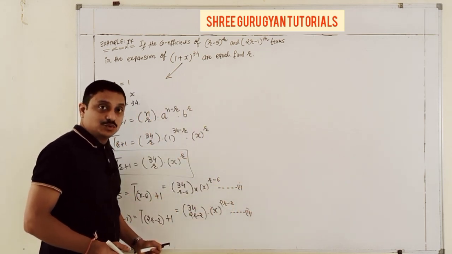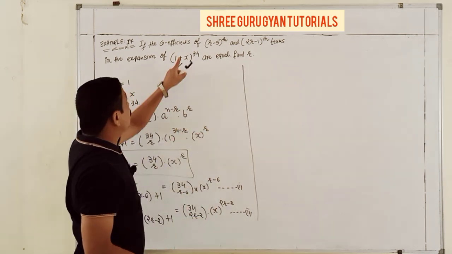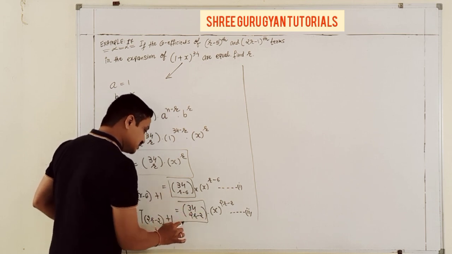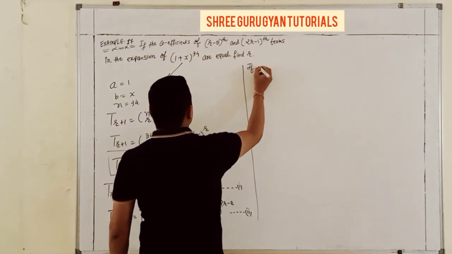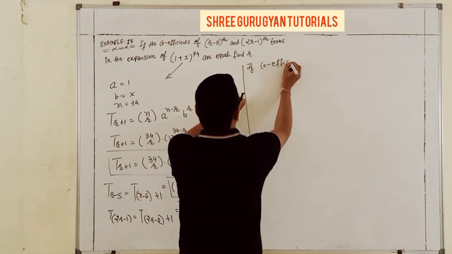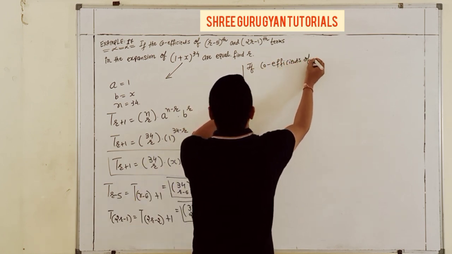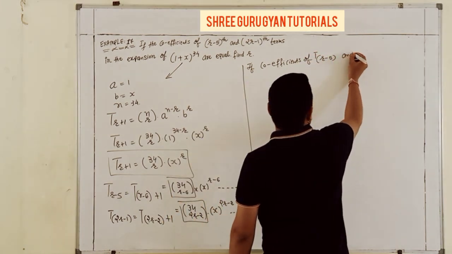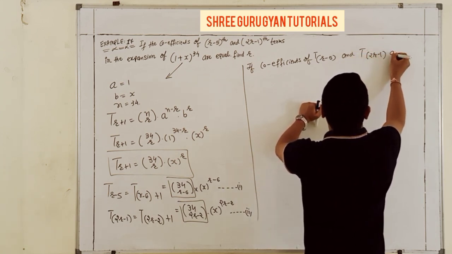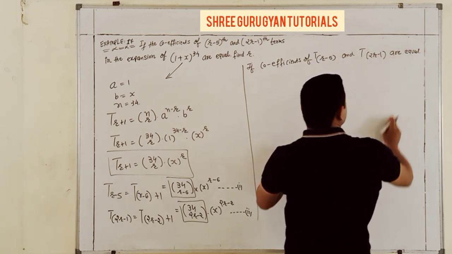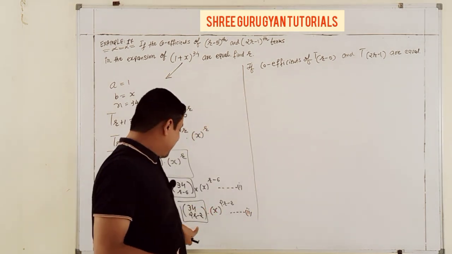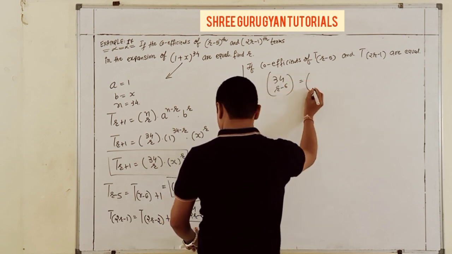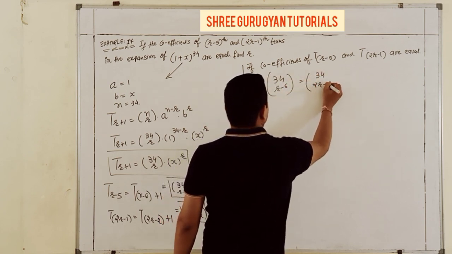Now 1 and 2, I check the coefficients. If the coefficients of the (r minus 5)th term and the (2r minus 1)th term are equal, so I can say they are equal. These values: 34C(r minus 6) equals 34C(2r minus 2).